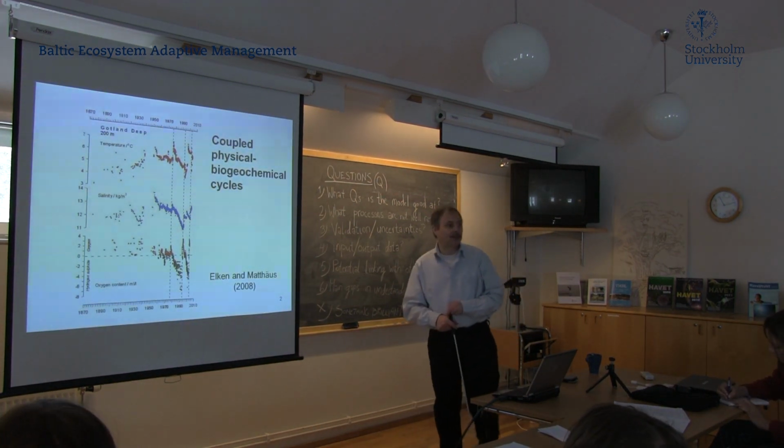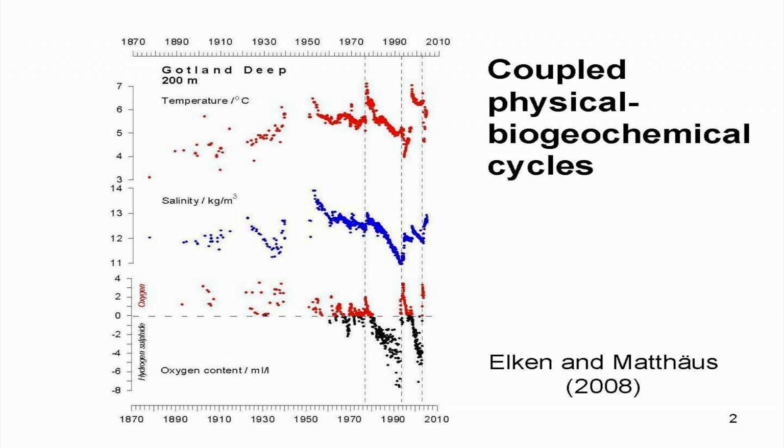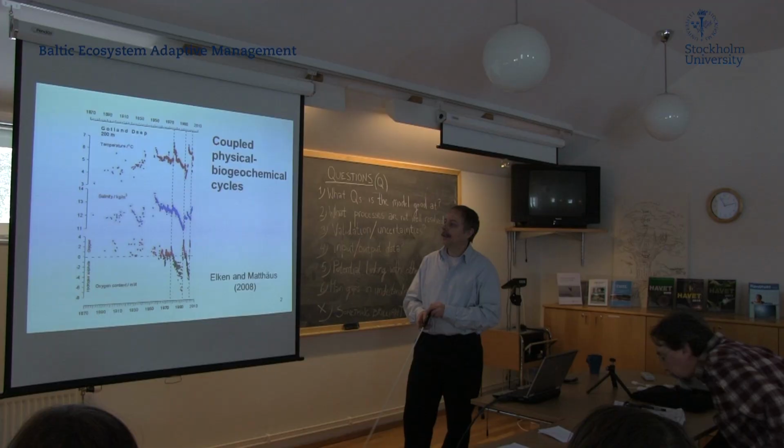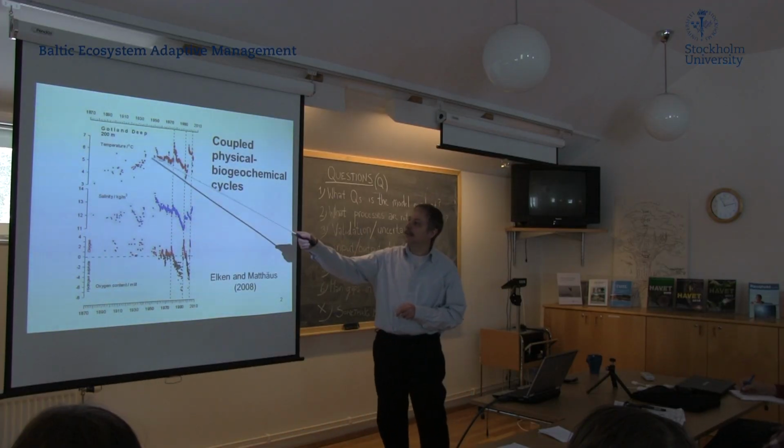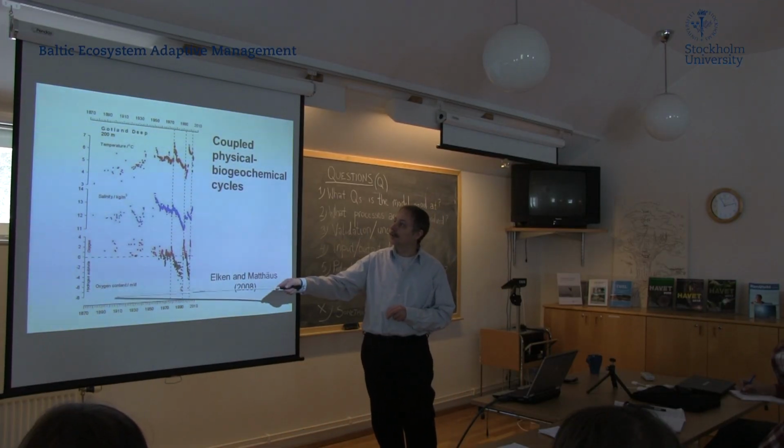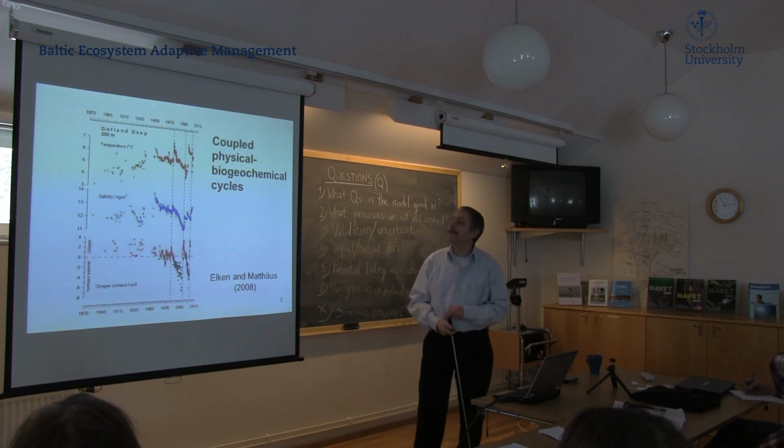So first of all, I would like to start with some observations. Here you see records at the Gotland Deep station in the Baltic Sea. The variables are temperature, salinity and oxygen from 200 meter depth.